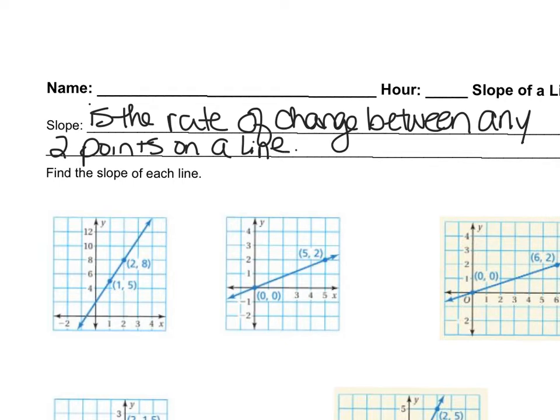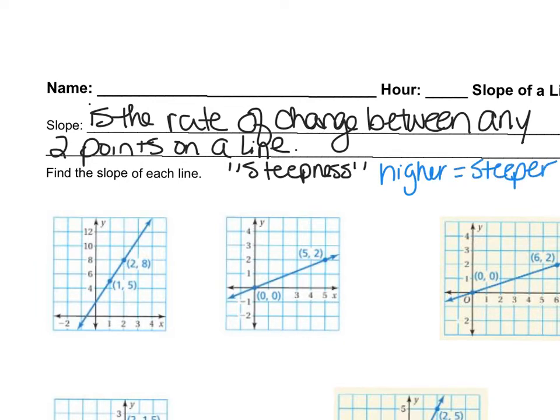And it's also known as the steepness. Okay, so things with higher numbers are going to be steeper. So you might want to write that down somewhere. Higher numbers is steeper.